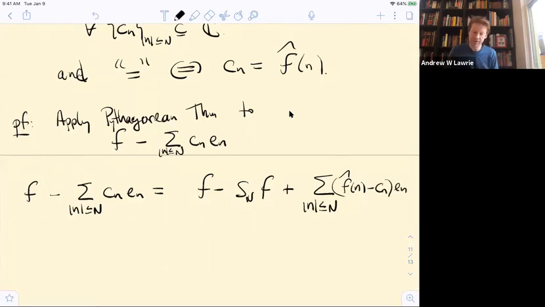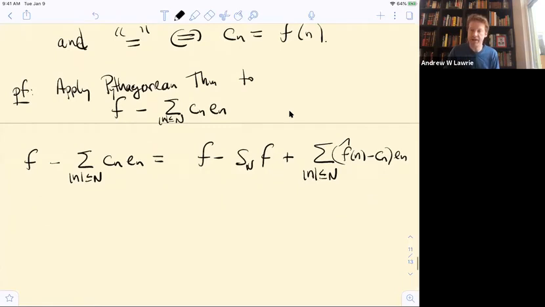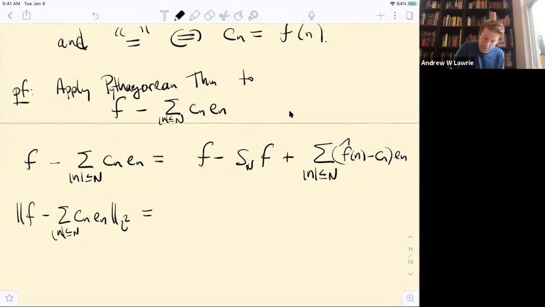Right, so I just rewrote this difference by adding and subtracting S_N f, and then I apply the Pythagorean decomposition. So the norm squared is equal to this plus this, which is just by the same logic as before.